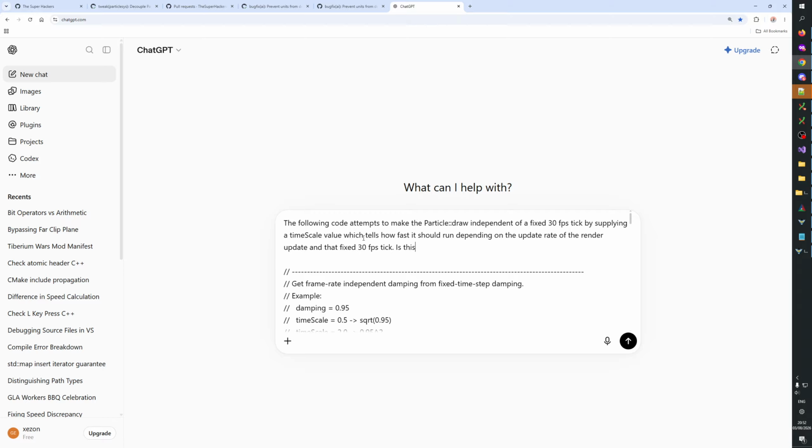Is this correct, or is there a math error or inaccuracy?